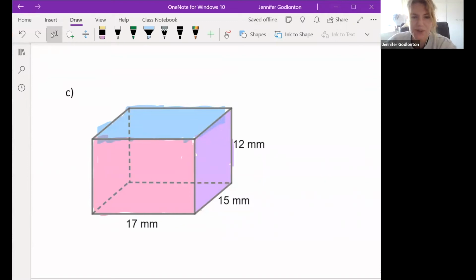So remember for this one, I just want you to work out those 3 areas, and then we're going to times those 3 areas by 2. I'm going to give you 1 more minute to work on this. And then I think Unati's hand was up first, so Unati, this one will be yours. Cynthia, just be careful to have your units there as well.